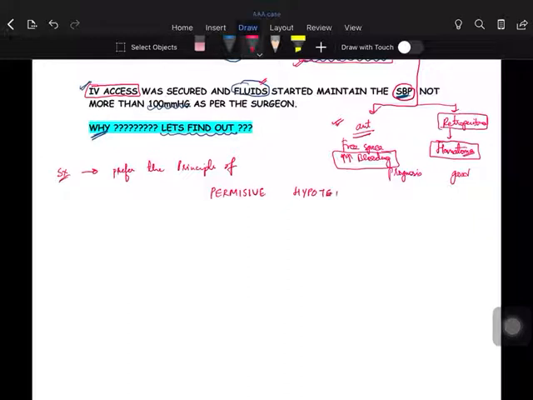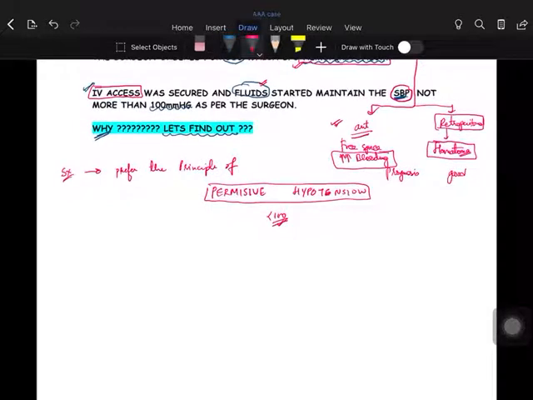So we keep the blood pressure less than 100 or just minimally below 100, and also on the clinical feature that the patient is conscious, first point, and two, we should maintain only such amount of blood pressure or SBP so that there is adequate cardiac perfusion. So the principle is you maintain the SBP only so that the patient is conscious and has a good cardiac perfusion.